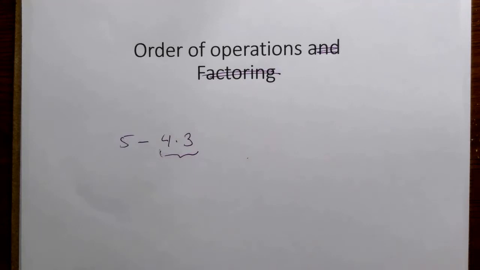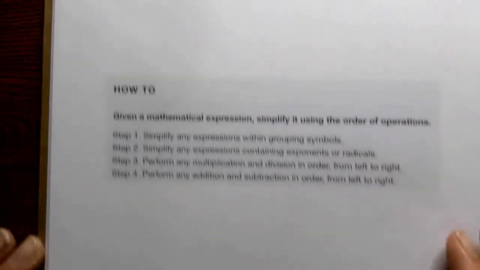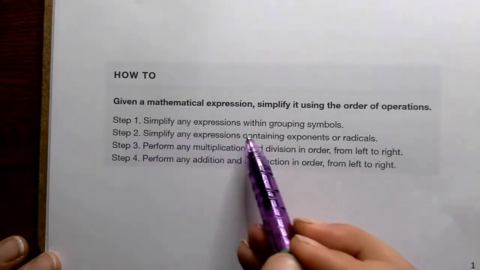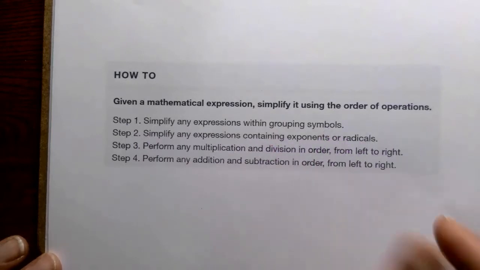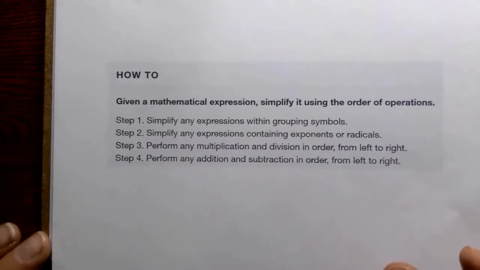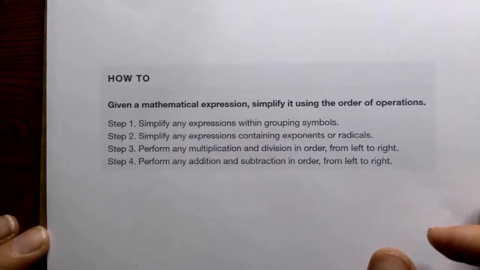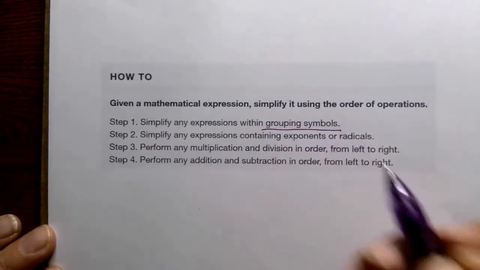Now, there are certain levels in order of operations, levels of importance, so to speak. So here are the rules. Step one, we're going to simplify any expressions within the grouping symbols. If you use your PEMDAS acronym, that's your parentheses. But I like grouping symbols better because it's not always parentheses.